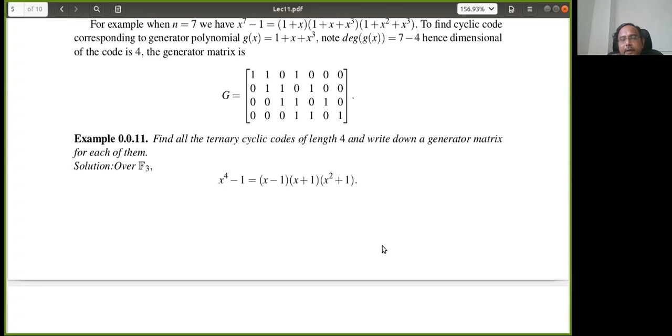Anyone else? Why am I not understanding? You are not helping at all. You have to come up fast. See, Shruti ma'am always comes fast. Aditi is helping. So you have to come up. Why is x square plus 1 irreducible over F3? That is the question. What is the difficulty?